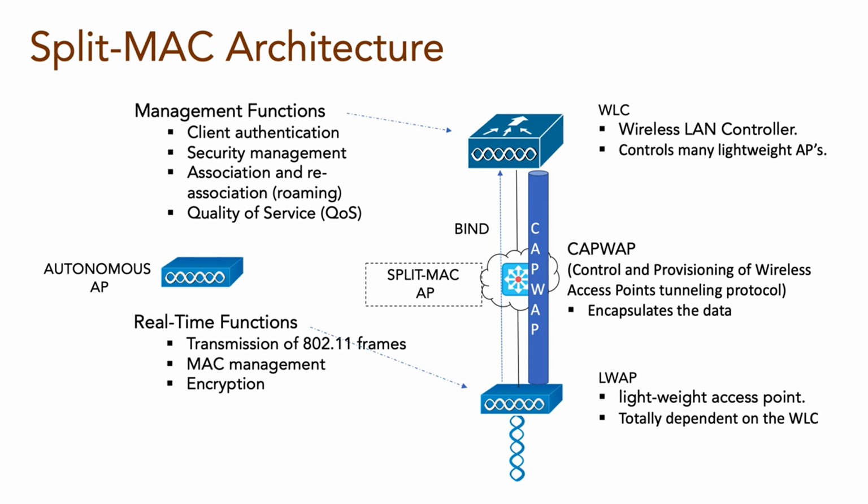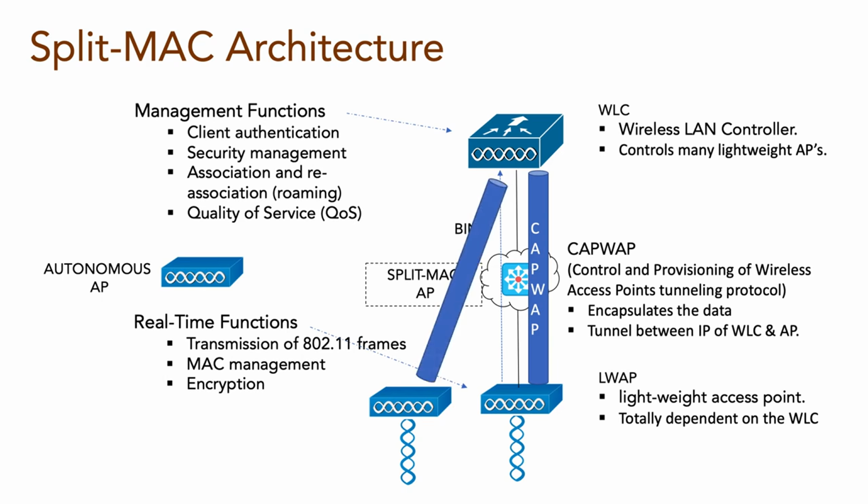The tunnel exists between the IP address of the WLC and the IP address of the access point, which allows all of the tunnel packets to be routed at layer 3. As the wireless network grows, the WLC simply builds more CAPWAP tunnels to reach more access points.